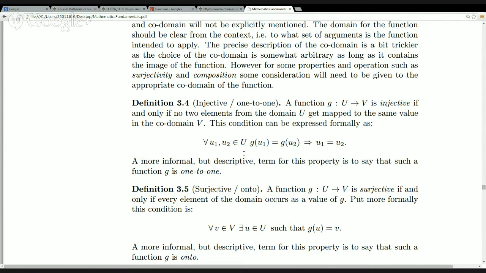You can start sticking down dots to show the arguments, and loads of dots to represent the elements of the codomain. You can talk about the behavior of the function by talking about these mapping lines which send an element x here to its value f of x over here. That's just a visual metaphor for the function.